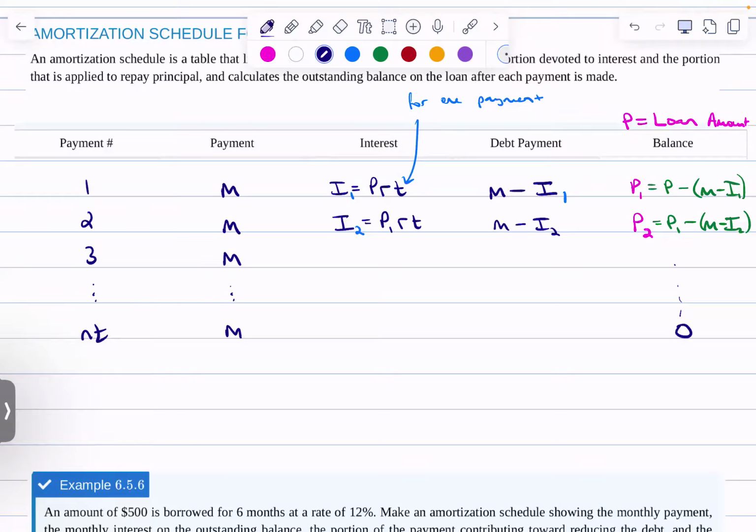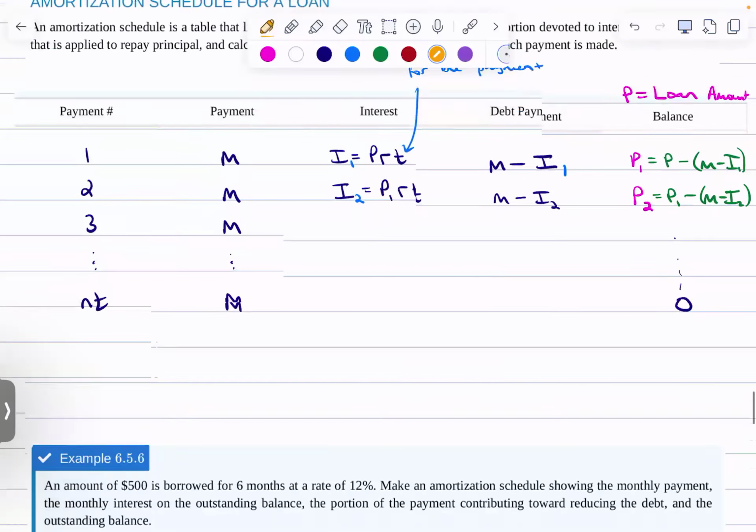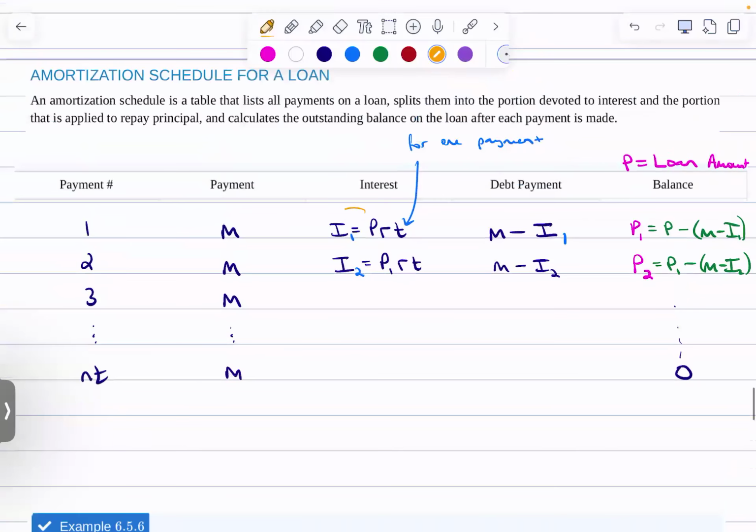So what does one of these columns actually look like then? Now, because I use this formula, because we're familiar with it, we've seen it before, every month is going to act like simple interest.